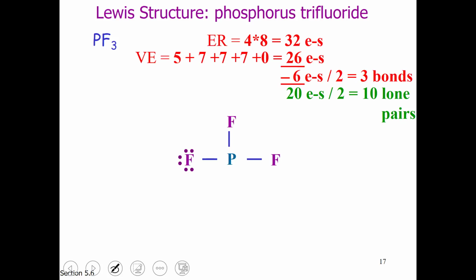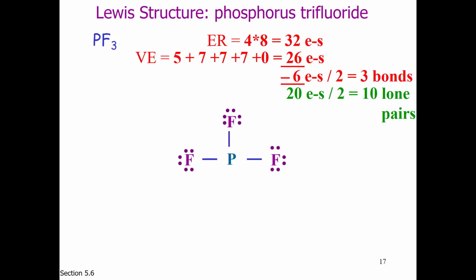Now you can see that fluorine has 6 electrons around it and 1 bond. That gives it 8 electrons. The next fluorine also needs 6 electrons around it and the 1 bond to have 8 electrons. And the last fluorine also needs 6 electrons around it.